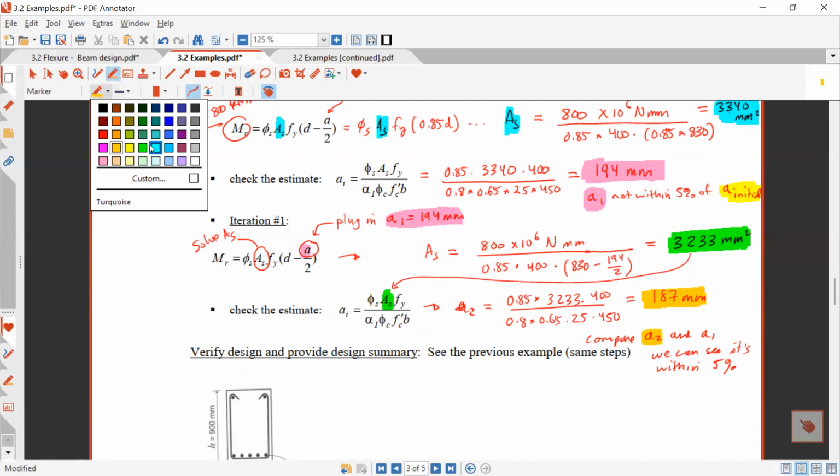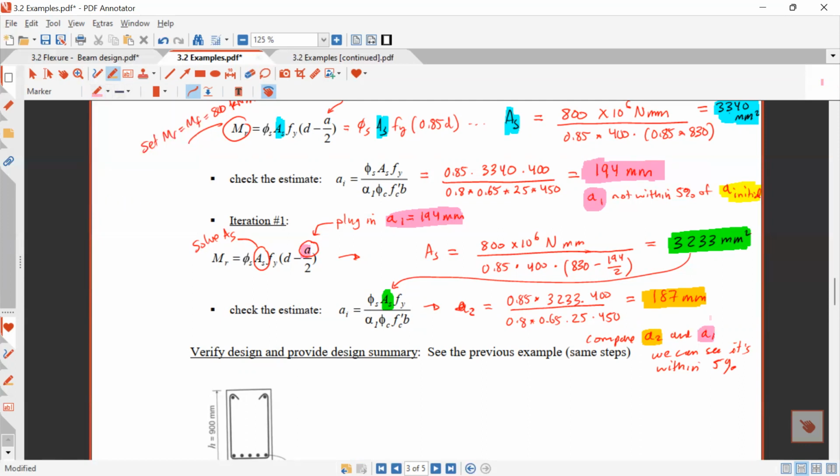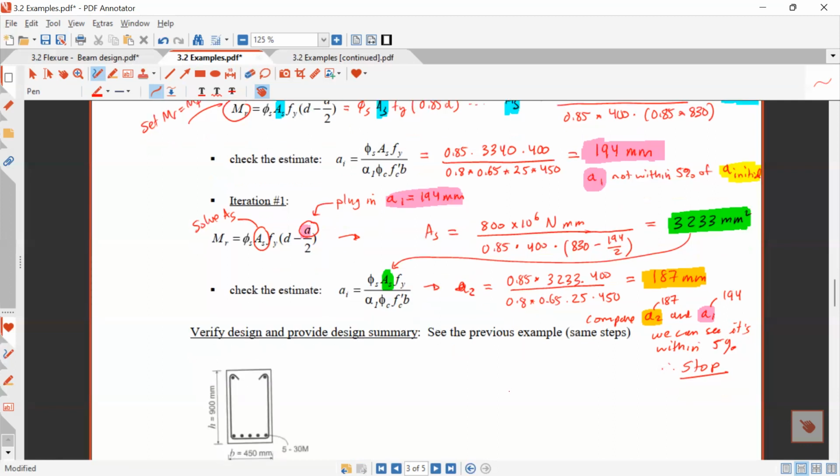We compare it to A1, which is this one. Just to be clear, this is 187 and this A1 is 194. It's pretty close. So then we can stop. Therefore, stop. Everybody got it? If it was not close, I just do one more iteration. Usually it will be good after the second iteration.